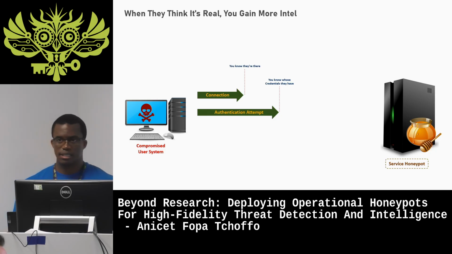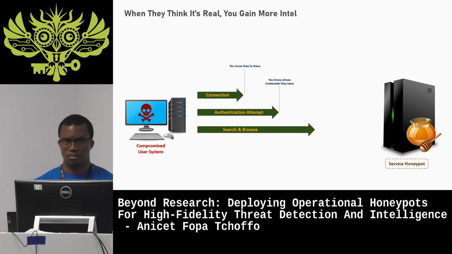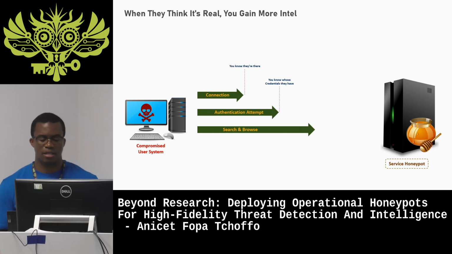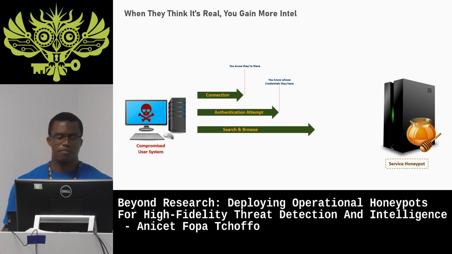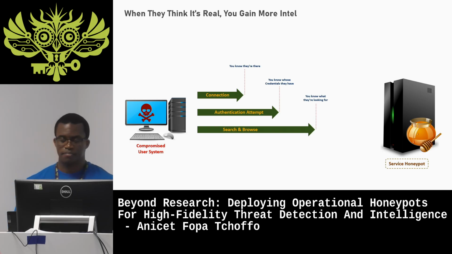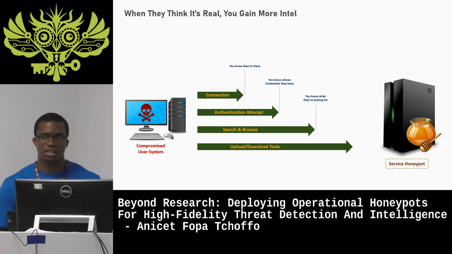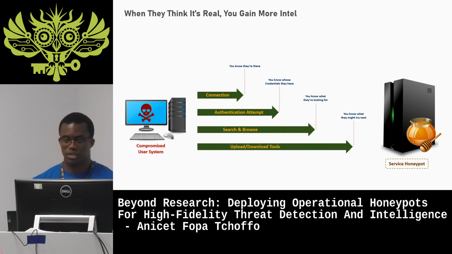Once they've authenticated, if we give them access to a file system, they might start running keyword searches, looking for a specific type of data, or they might be looking for specific directories, and this might give us an indication of what they're looking for. And oftentimes they will start uploading or downloading their tool set, which would give us an indication of what they might try next.